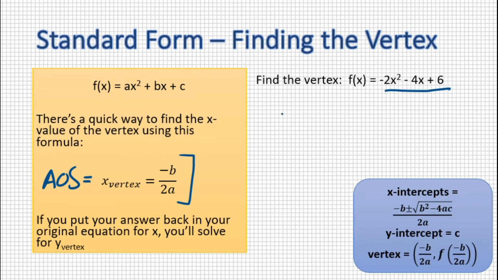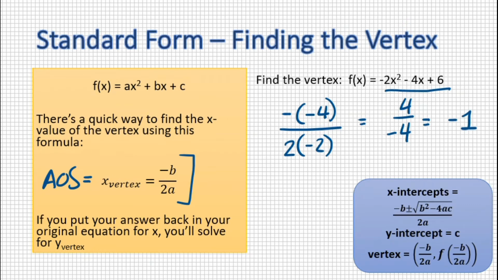I have negative b, which is negative negative 4. So careful with your signs. Over 2a, which is 2 times negative 2. The c value does not matter for this. And then when you do that, you're going to have positive 4 over negative 4, which gives you negative 1. And from here on, we're just going to plug back into the equation.